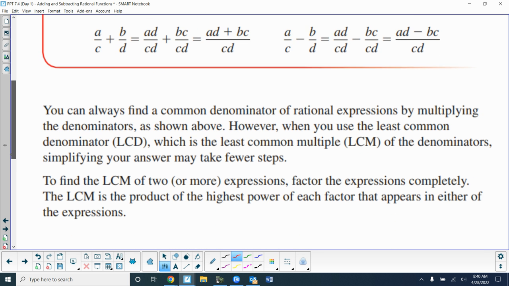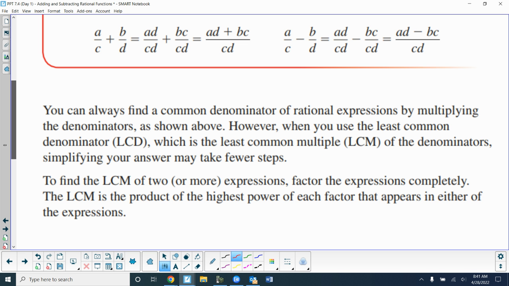Right, so it says you can always find a common denominator of rational expressions by multiplying the denominators as shown above. However, when you use the least common denominator, or the least common multiple, then you can simplify your answers taking fewer steps, that's all.